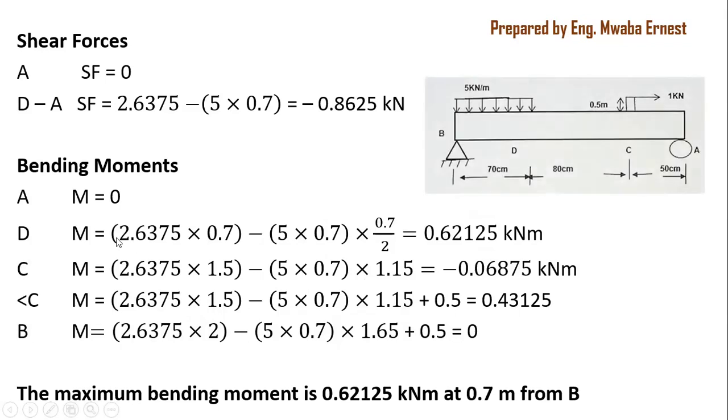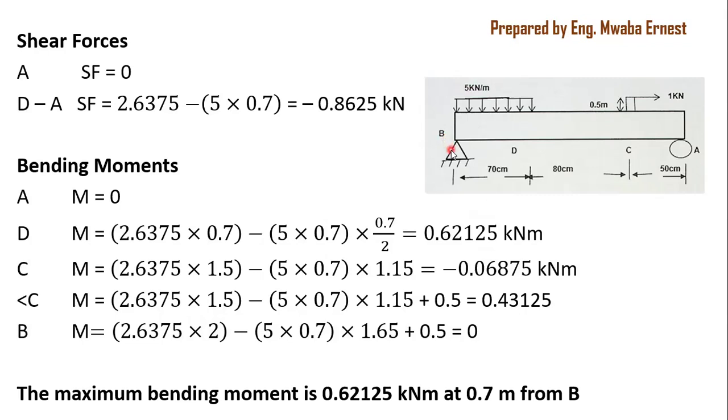So first of all, the moment at A, we said it's 0, but when you come to D, which is this point here in the middle, the total moment will be as a result of what has remained on the left. And what are we going to have? We have, first of all, this UDL, which is 5 multiplied by 0.7 multiplied by half of it.